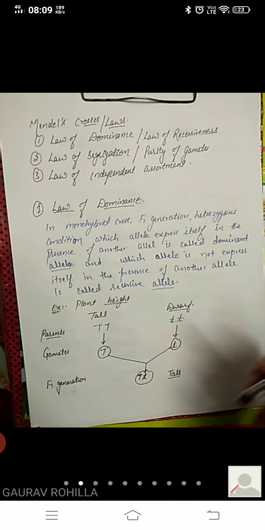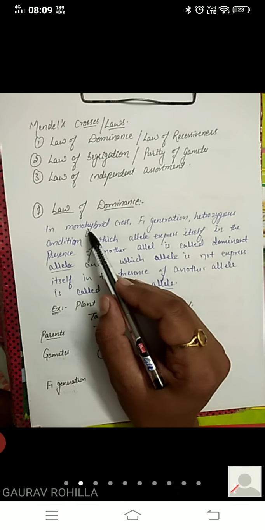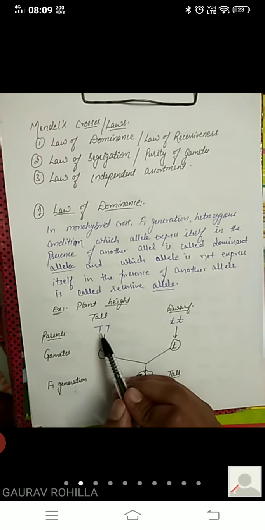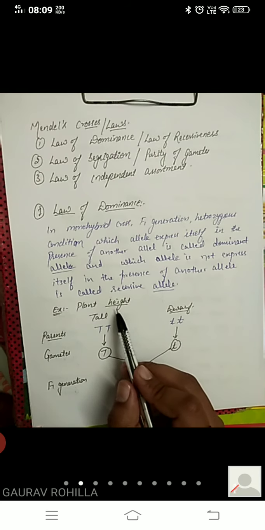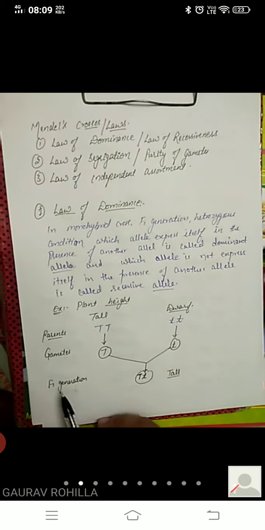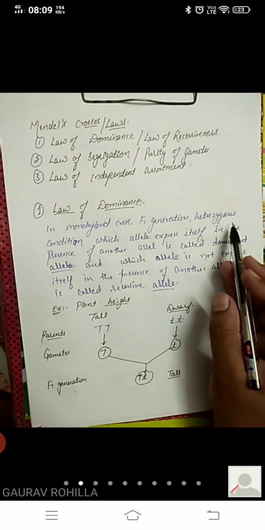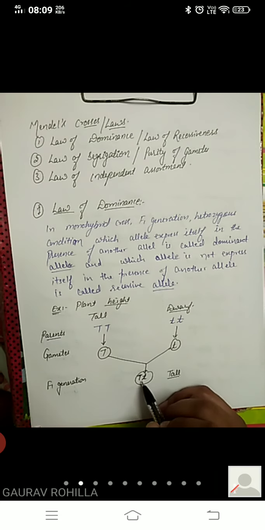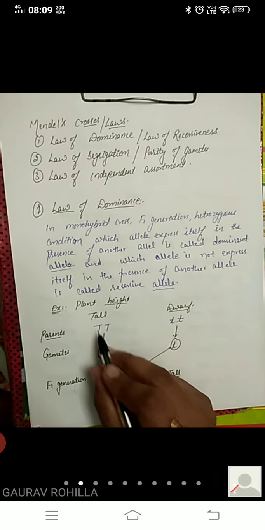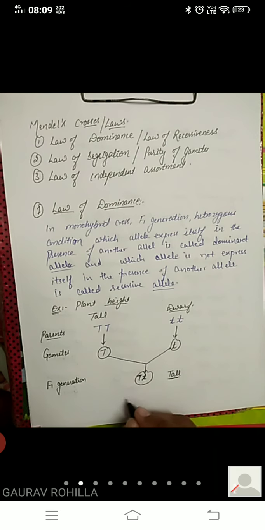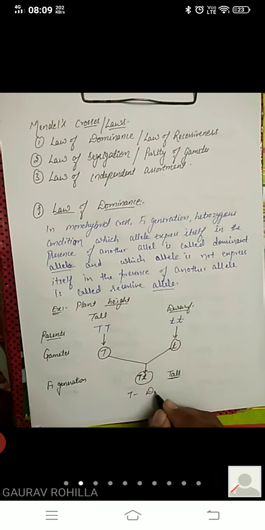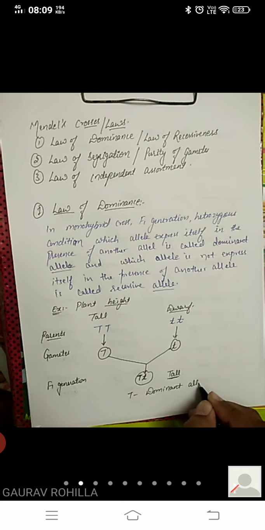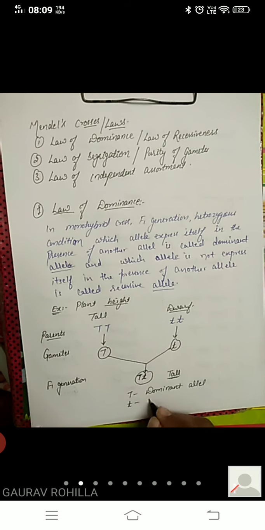In a monohybrid cross, only one character we studied here, and the character is plant height. F1 generation, heterozygous condition means both alleles are different. Which allele expresses itself is called dominant. The tall character is due to capital T, so here capital T is the dominant allele, small t is the recessive allele.